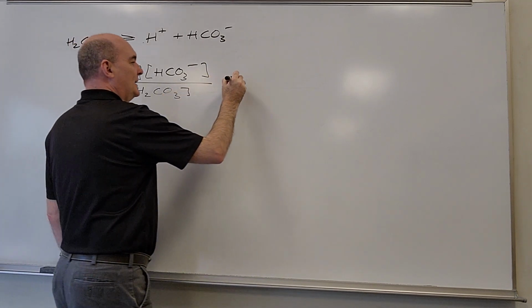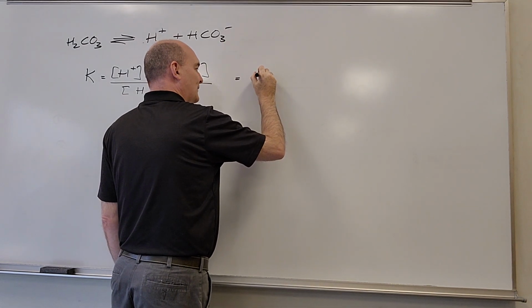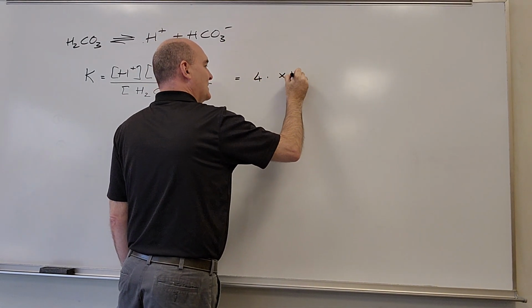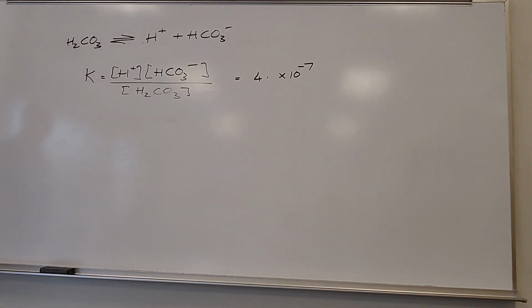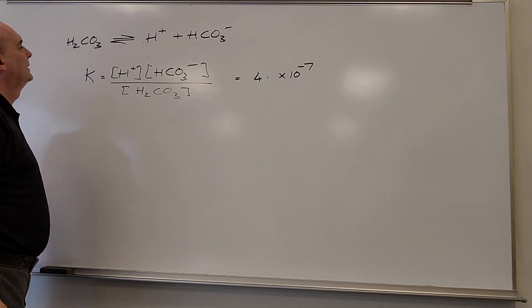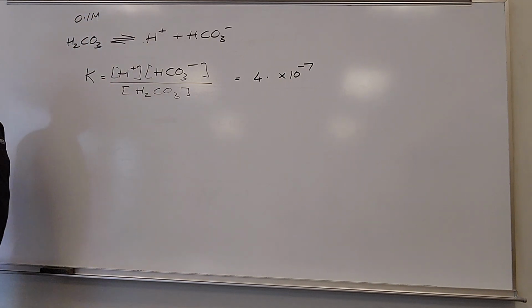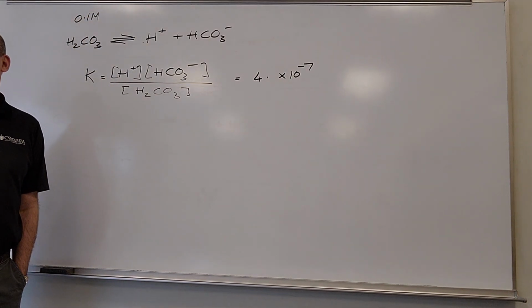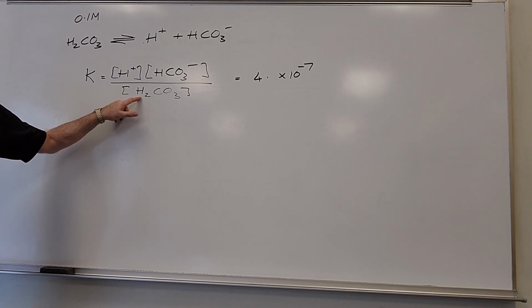And we have found that that number was 4 something times 10 to the negative 7. Yeah? Now, if this is 0.1 molar, then that's my number that I start with, 0.1 mole per liter.